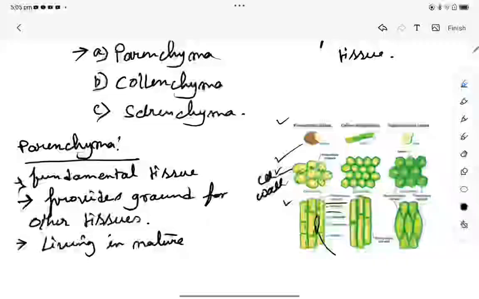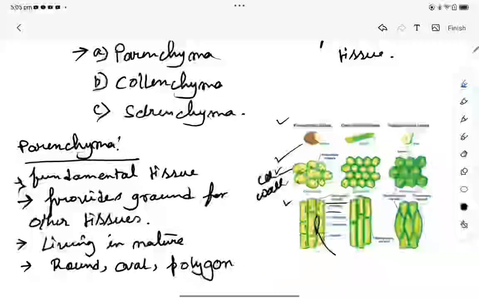Shape wise you can say they are round, oval or polygonal. Now vacuole is present. We all know that plant cells have vacuole.